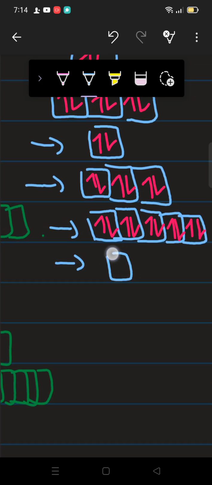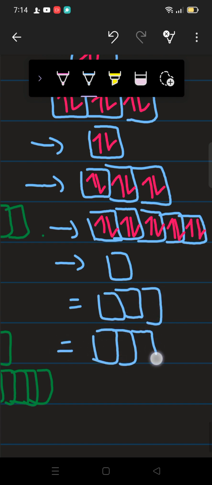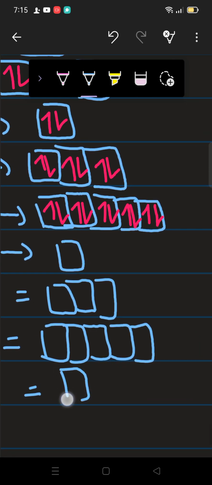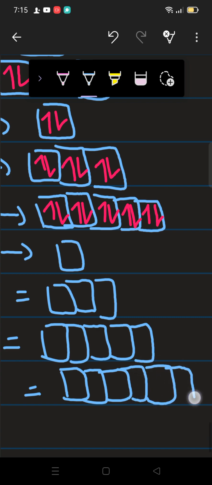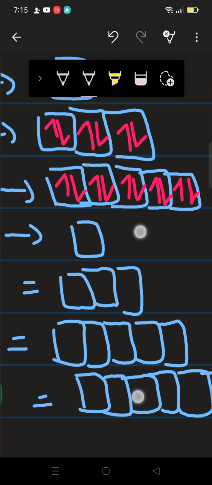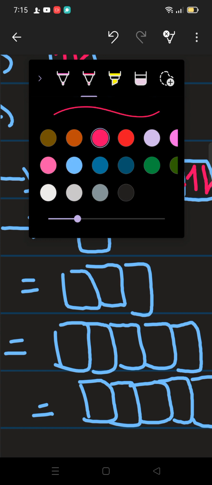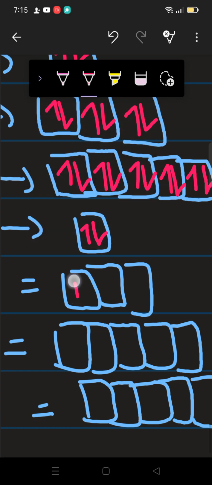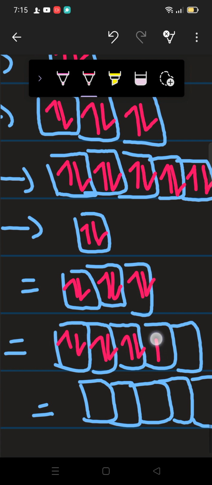Here we have only 1, here we have 3, here we have 5, and here we have 7. Right? 2 electrons in each orbital.